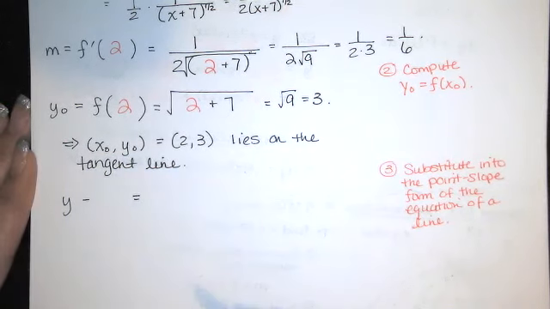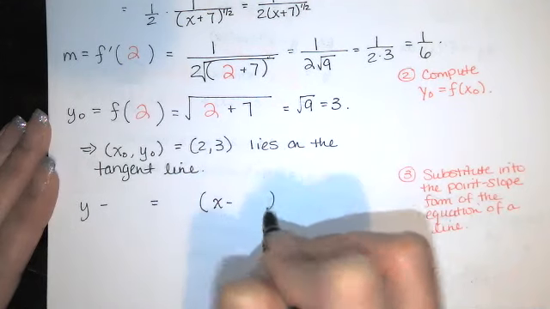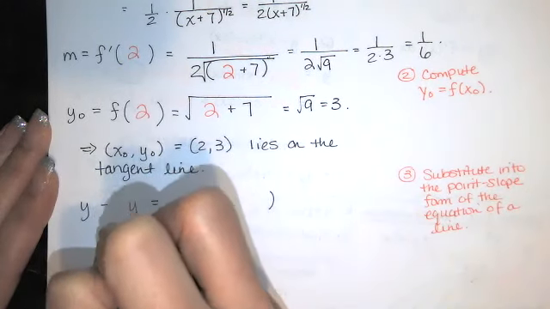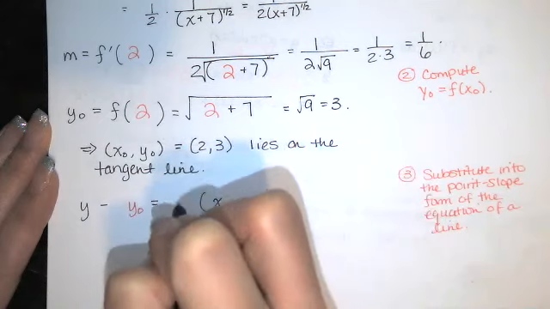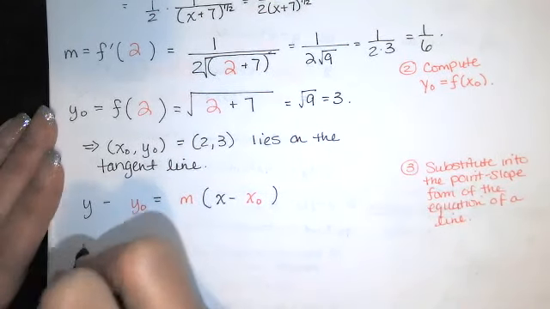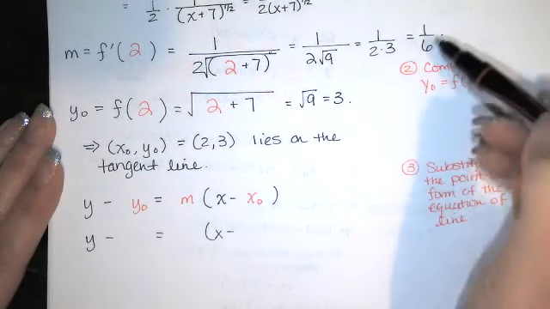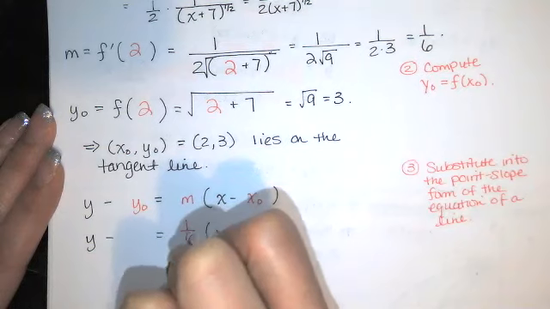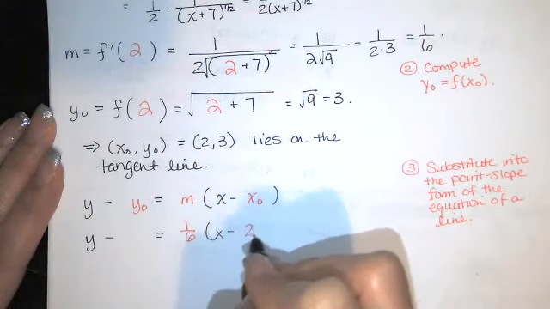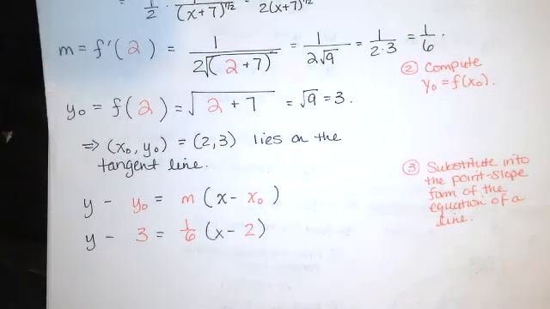It's y minus y naught equals m times x minus x naught. Okay, the x and y are variables, so you want to leave those alone. M is 1/6, so we sub that in. X naught is 2, and y naught is 3. So that is the equation of our tangent line.